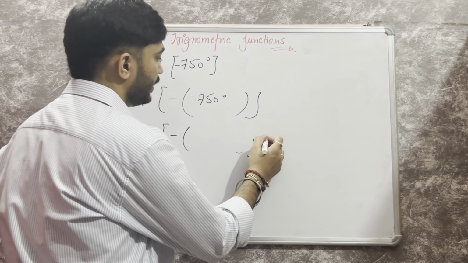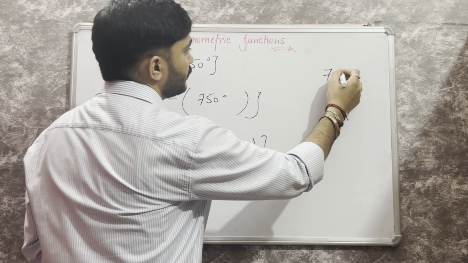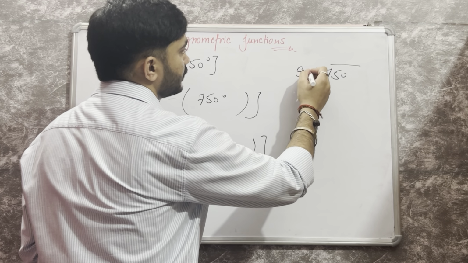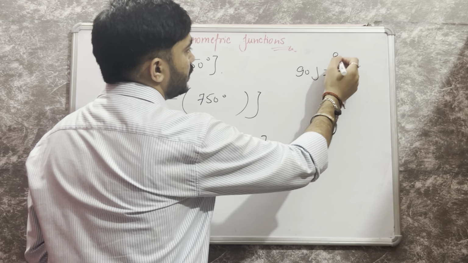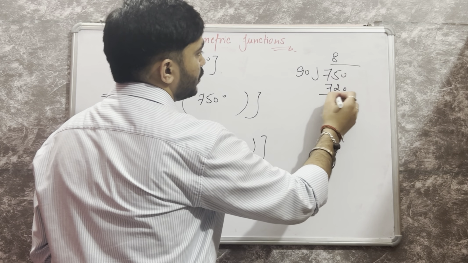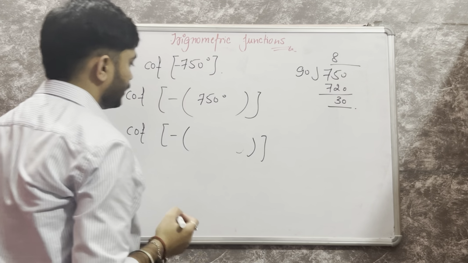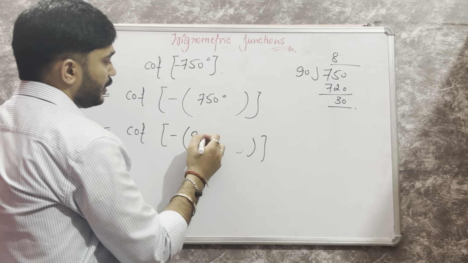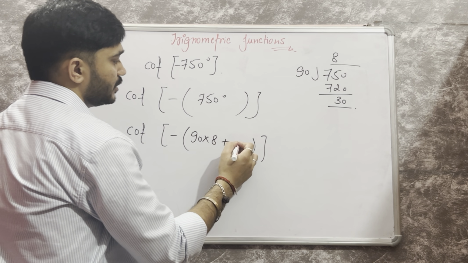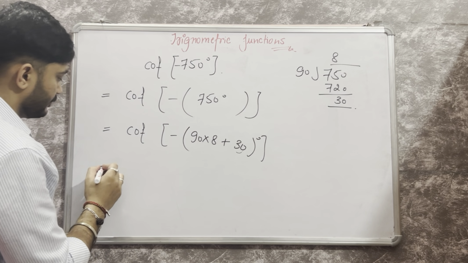We are going to divide this 750 by 90. So 90 into 8 is 720, the remainder will be 30. 90 into 8 plus 30 degrees.